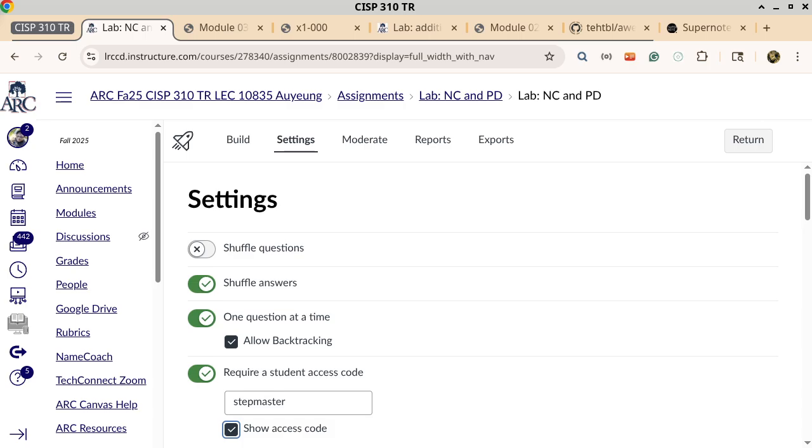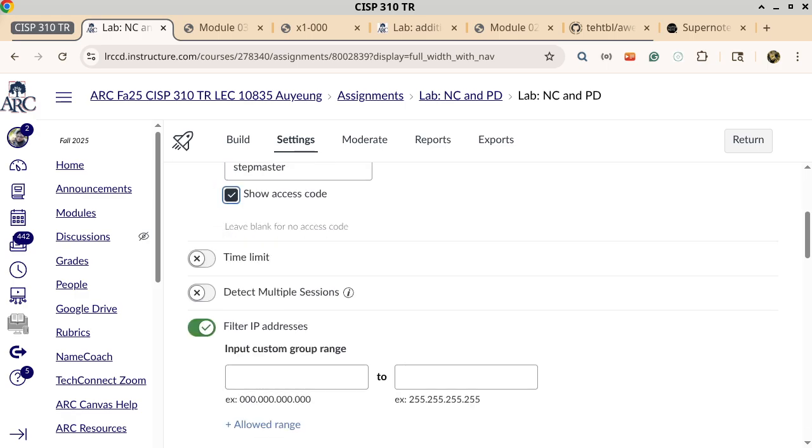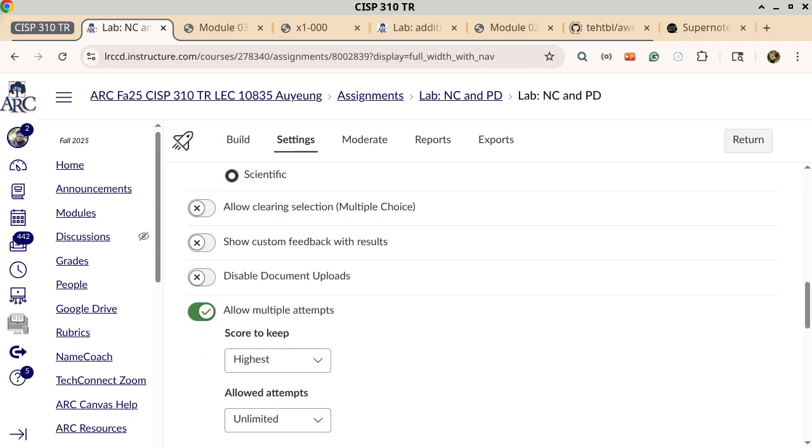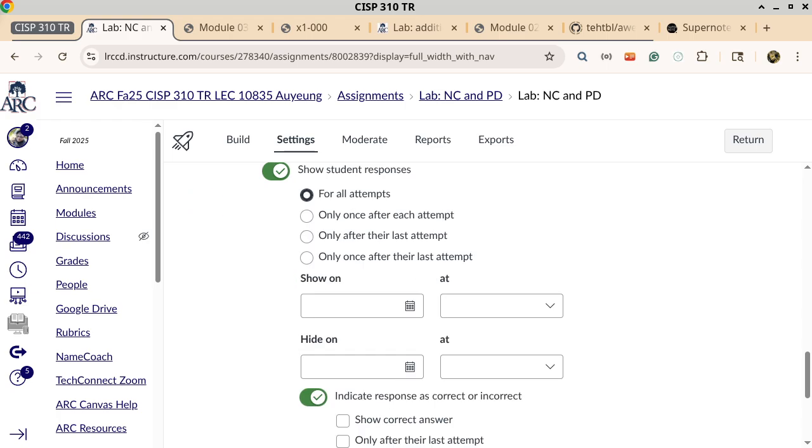So that's why I use the step master thing. I probably should have used parentheses R because it's a registered trademark, but who cares? There's no IP address filtering, which means you can continue to do this for the rest of today. So if you cannot finish it today in the lab, you can continue to work on it.